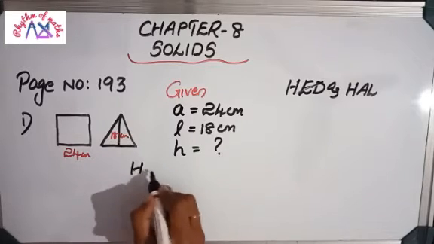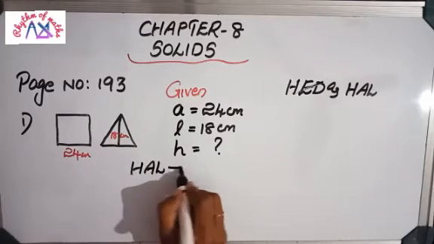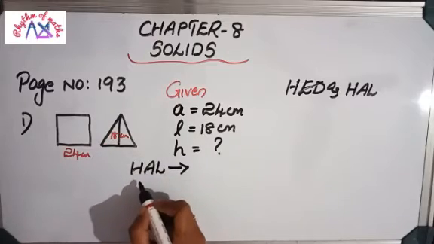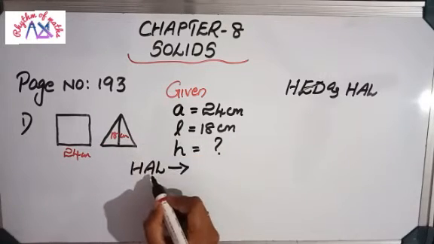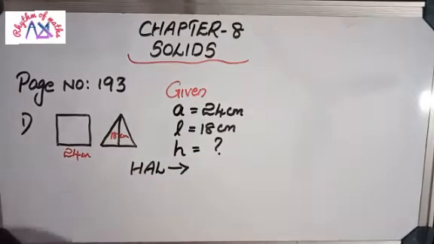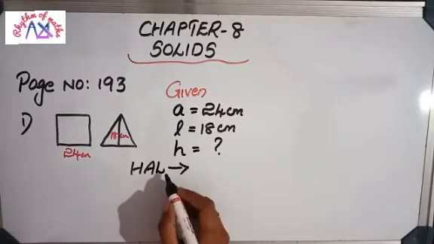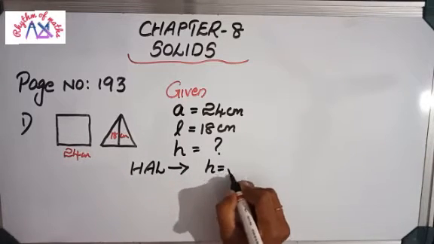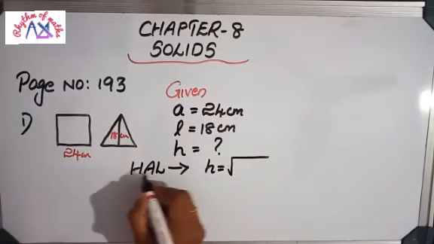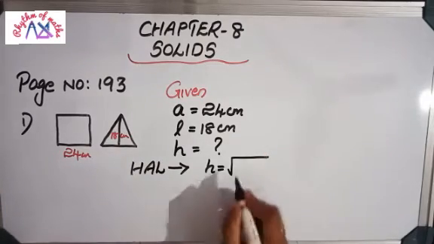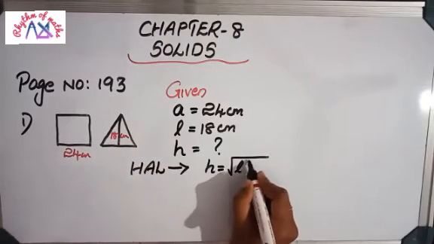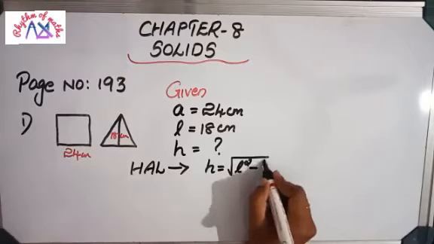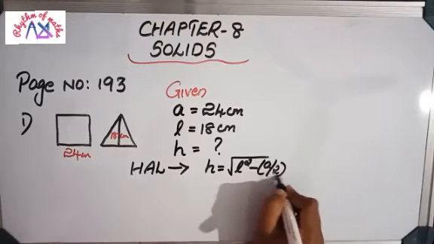So let's consider HAL. Here you will think of L as the hypotenuse. What we need to find? H. So the equation will be H equal to root of L square minus A by 2 whole square.